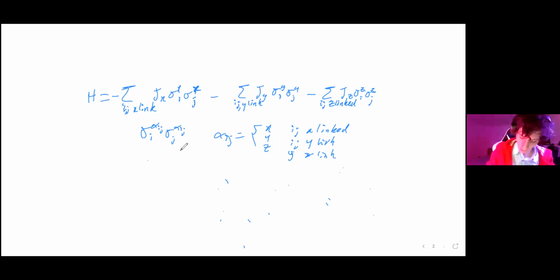So we can then write this in terms of this. Each term of this is then going to be J alpha ij, where alpha ij is again whichever direction we need, times that. And we can call the sigma i sigma j in the matching directions K ij, which lets us rewrite the Hamiltonian like this.